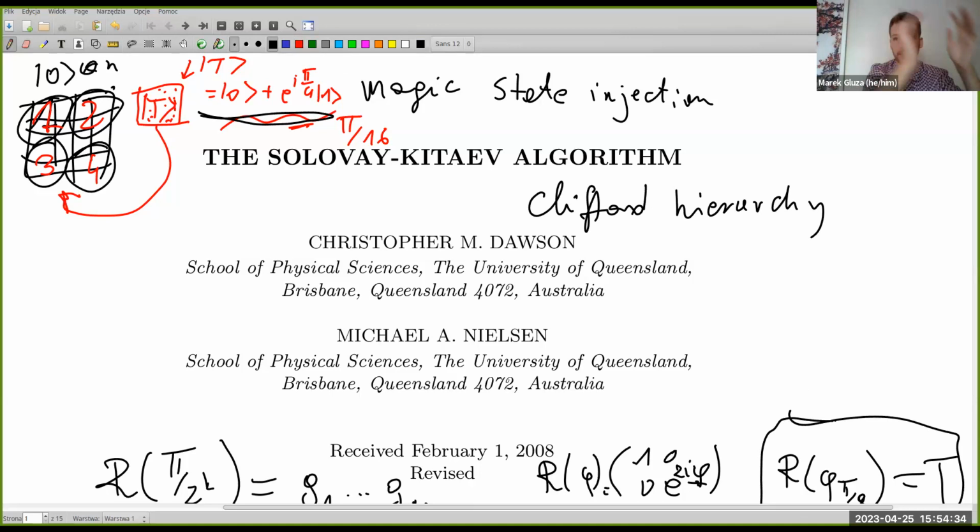So we swap a state to make an operation. If I would be using a larger angle, pi over 8 or pi over 16, I would have to go to higher orders of the Clifford hierarchy to correct them.